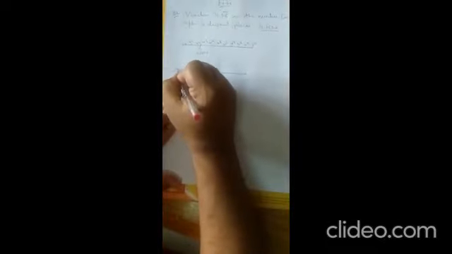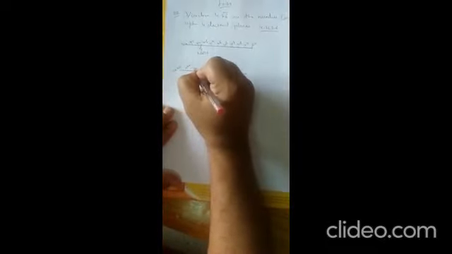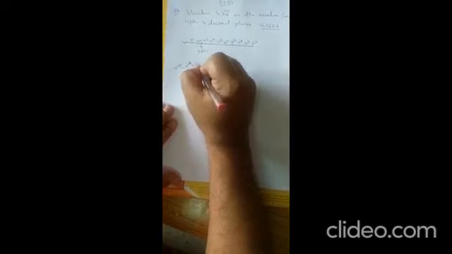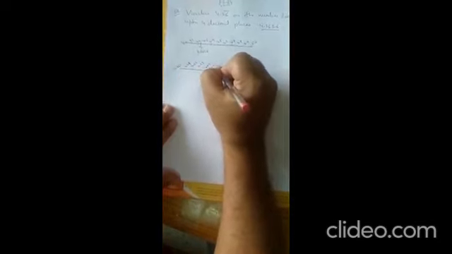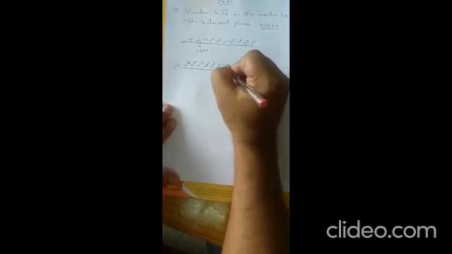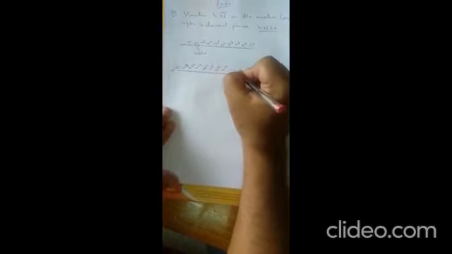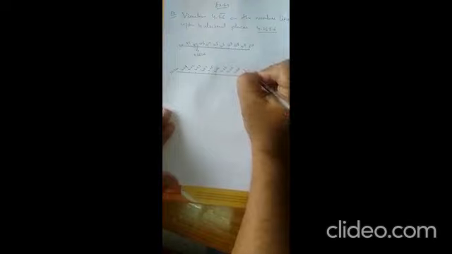Start with 4.20, 4.21, 4.22, 4.23, 4.24, 4.25, 4.26, 4.27, 4.28, 4.29 and 4.30.